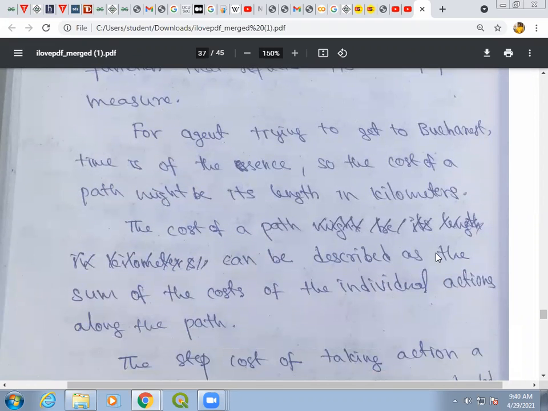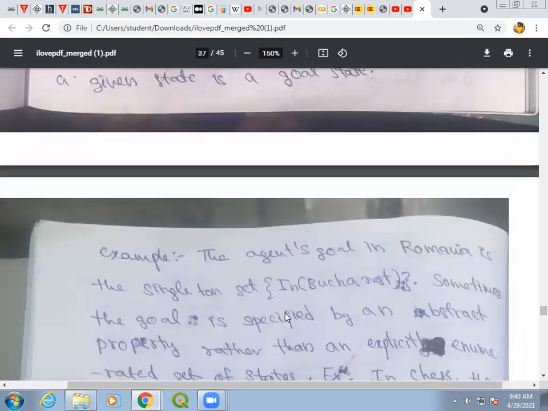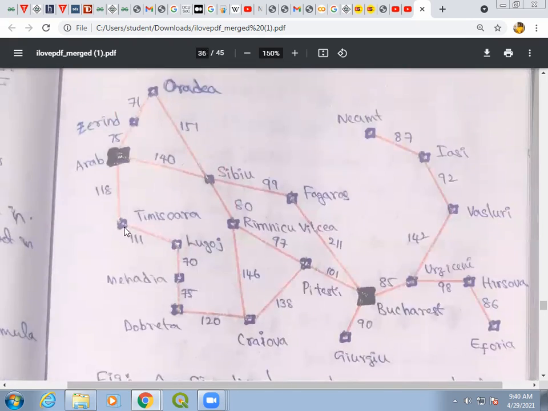So in this case, the path cost will be the sum of the cost of individual actions along the path. At a time it is not reaching Bucharest directly. To reach Bucharest, it takes Sibiu, so this cost should be added, then it reaches Fagaras, so 140 plus 99 will be added, then finally it reaches Bucharest, so plus 211, like that.